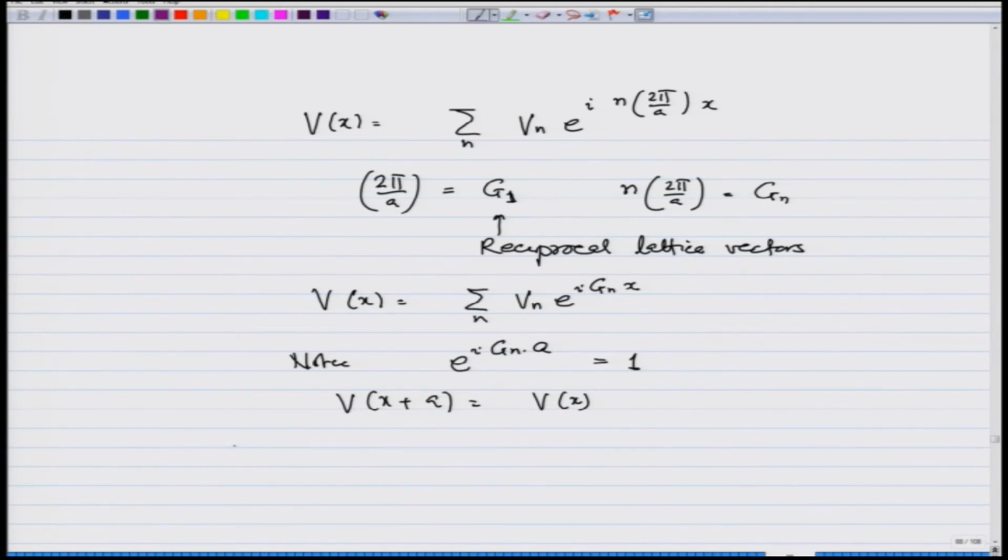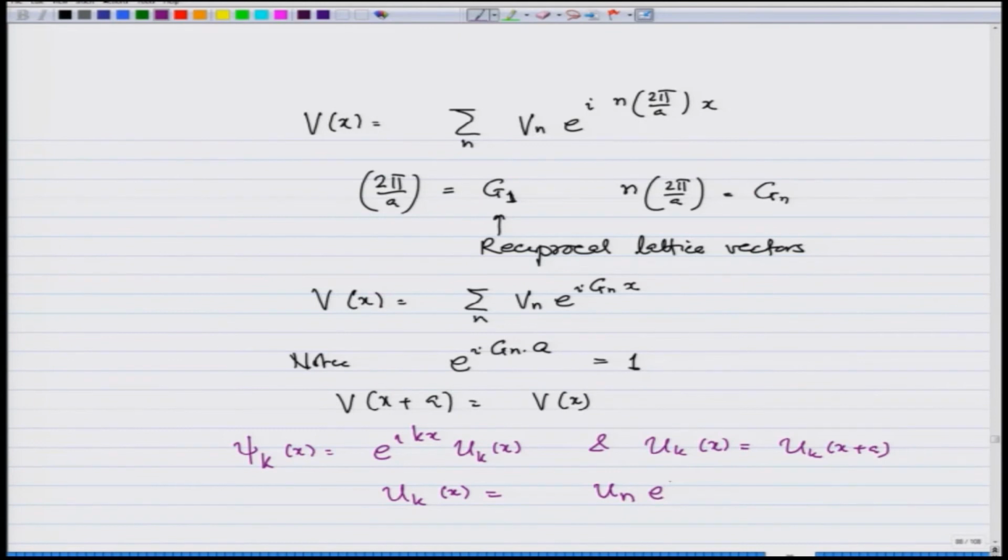Since ψ_k(x) is equal to e^{ikx} u_k(x) and u_k(x) is also periodic, I can write u_k(x) as a summation over n of u_n e^{i g_n x}.